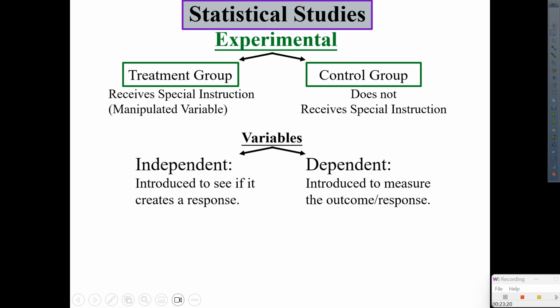Well, guess what? They respond, they give me something, I measure their response. That is what we call a dependent variable because it depends on what already happened in order for them to respond. Does that make sense?